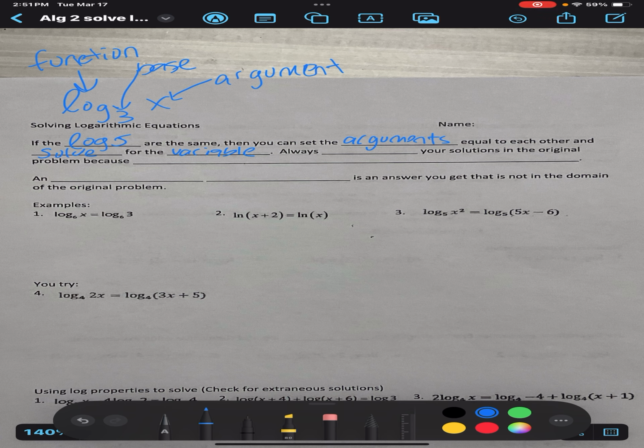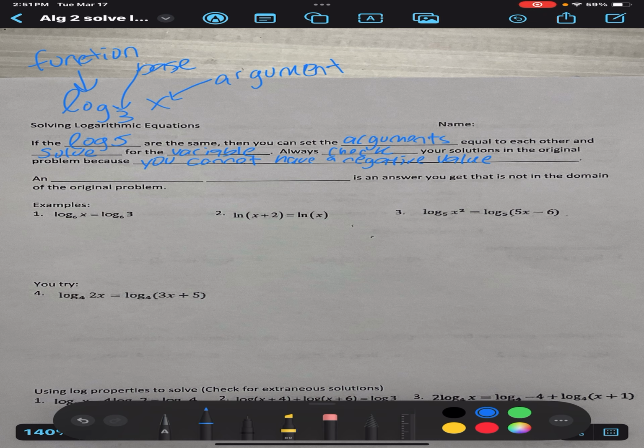And then you always, how often? Always want to check your solutions in the original equation, because you cannot have a negative value in logarithms.